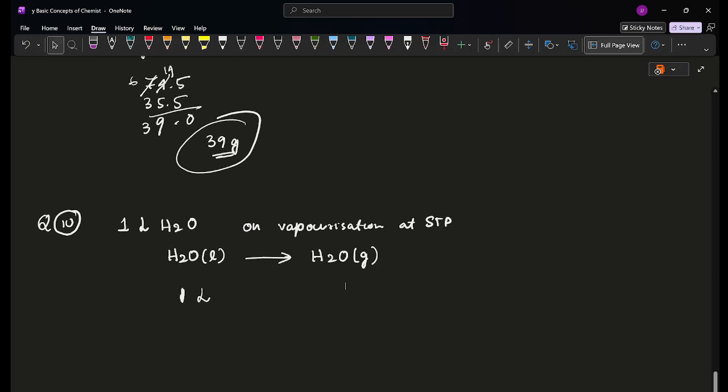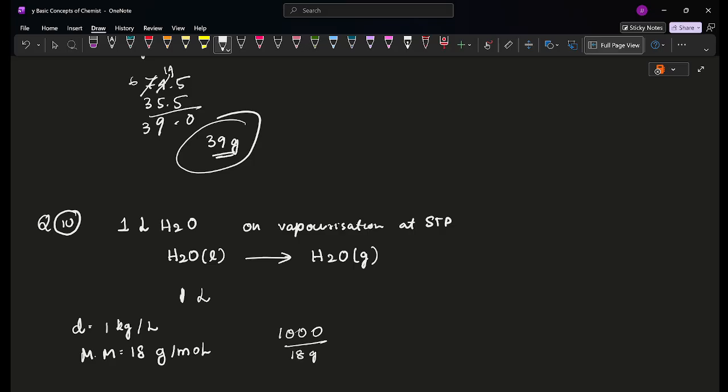Okay, they've taken an important relation, which is density of water is 1 kg per liter and molar mass of water is 18 grams per mole. Now, moles also you could find like 1000 gram by 18 gram, which would be 55.5 mole.